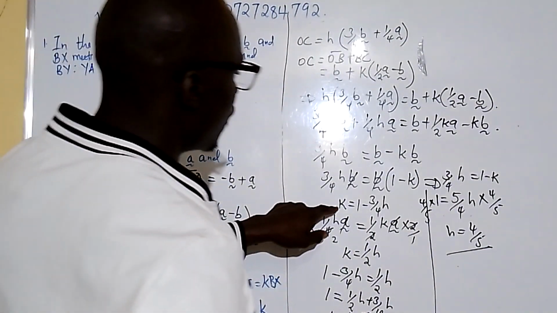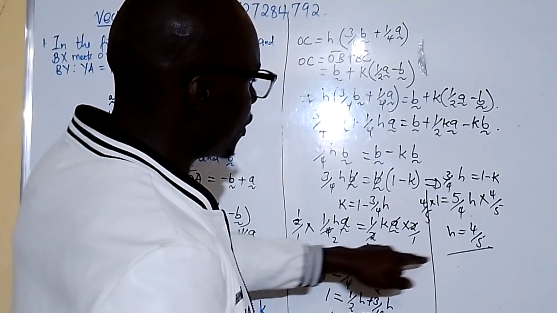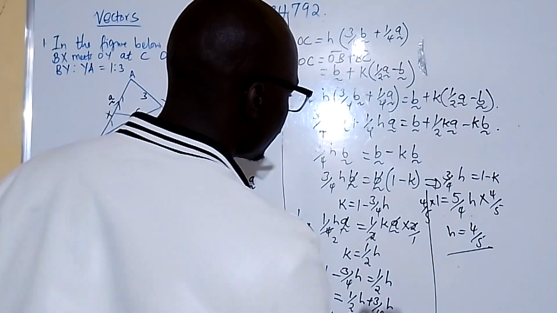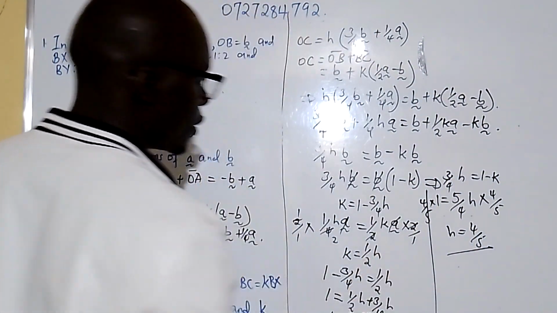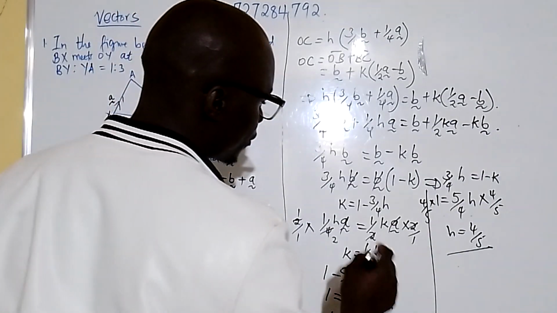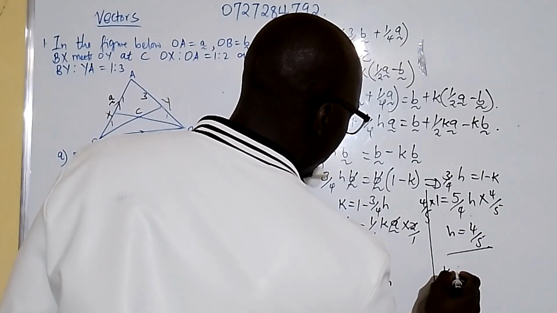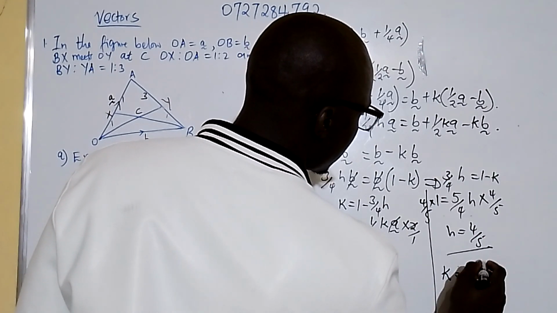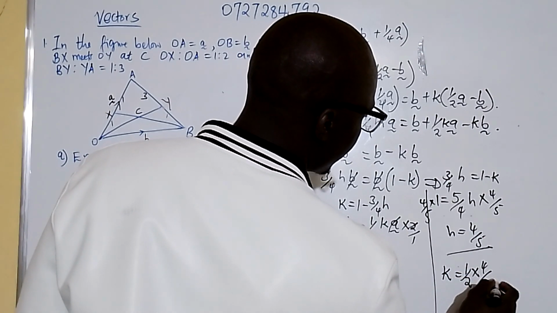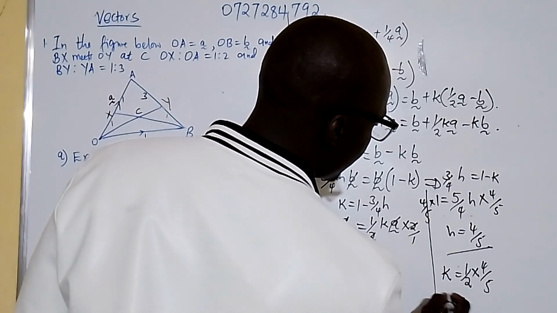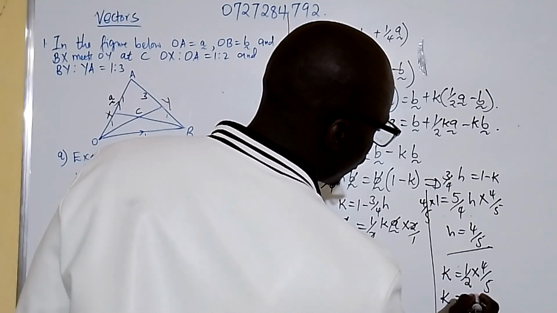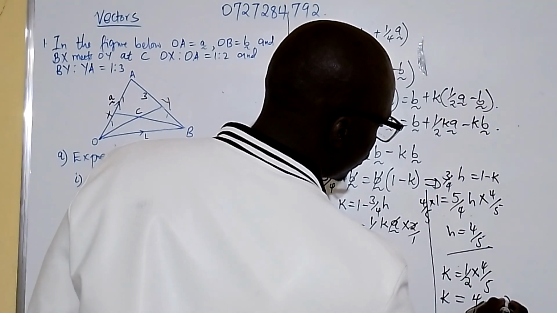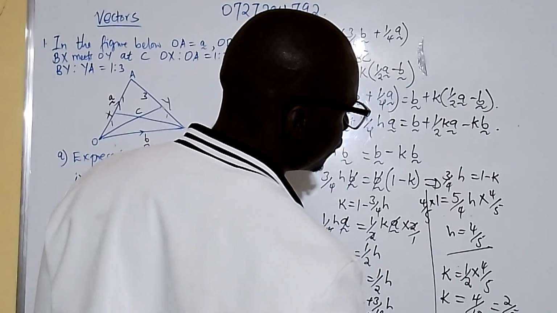We can look for the value of K by just replacing what we have for H into where it represents K. So K is equal to a half H, which is a half times 4 over 5, and K becomes 4 over 10, which is equal to 2 over 5.